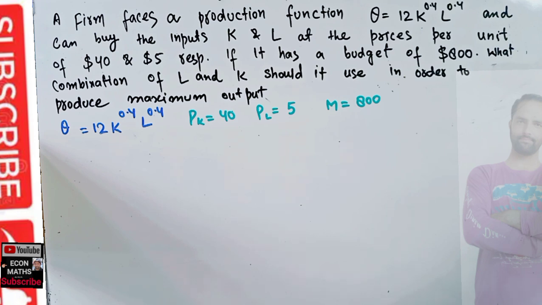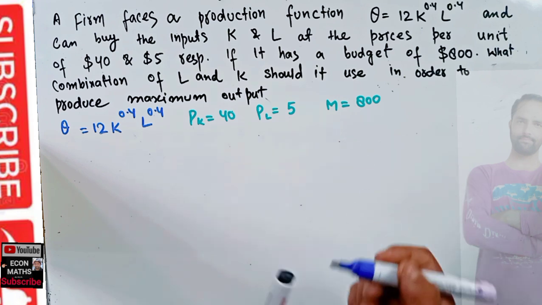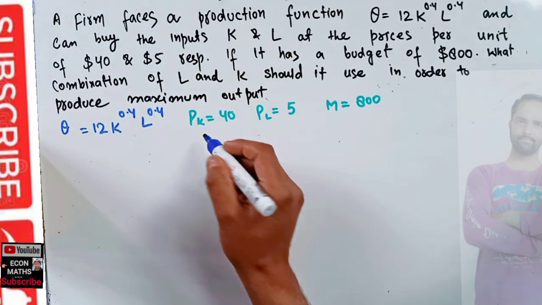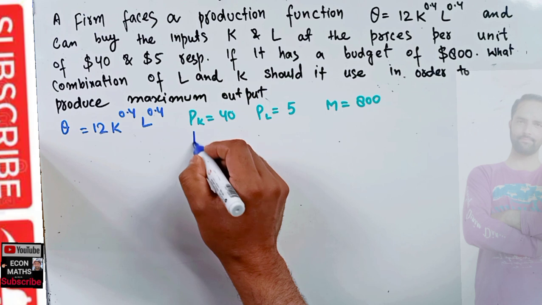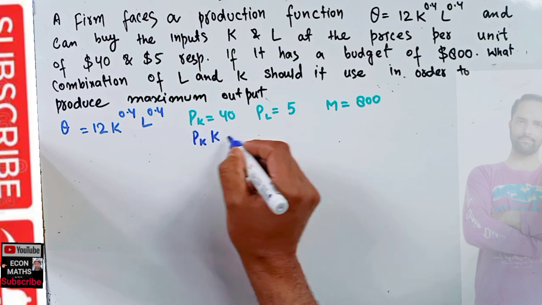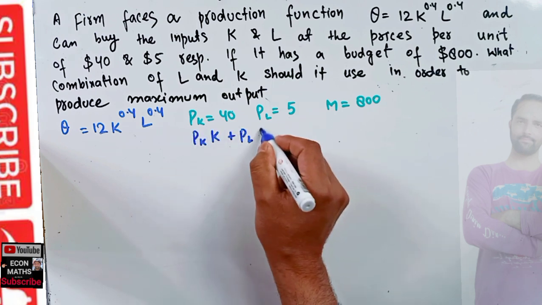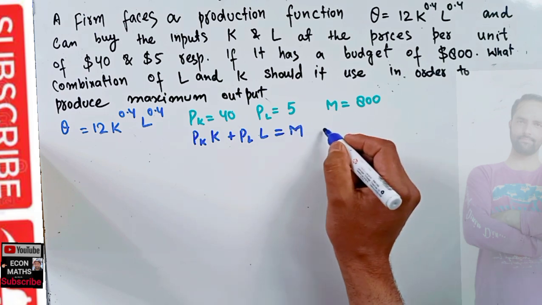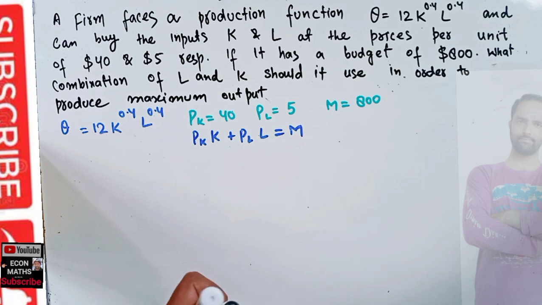The question reduces to, let's first form the budget constraint here. Our constraint will be price of capital times units of capital plus price of labor times units of labor should be equal to M, where price of capital is 40.